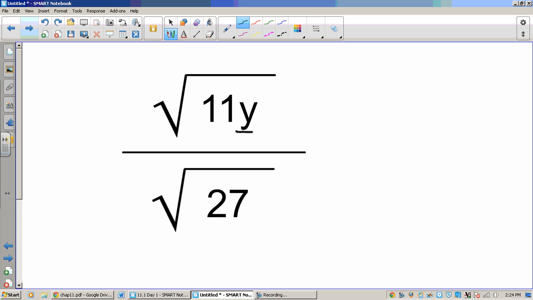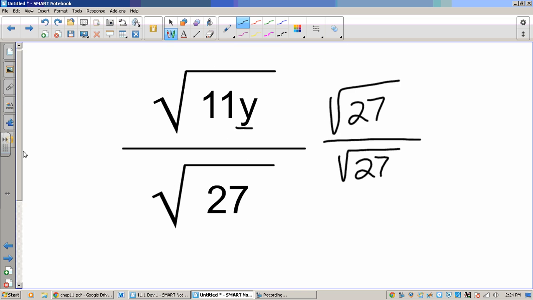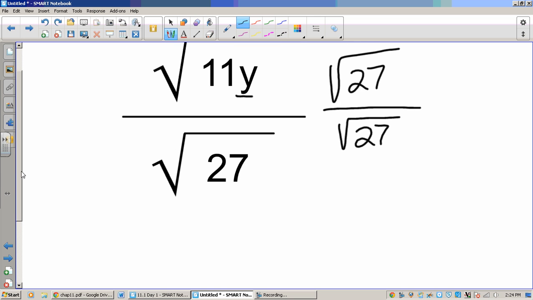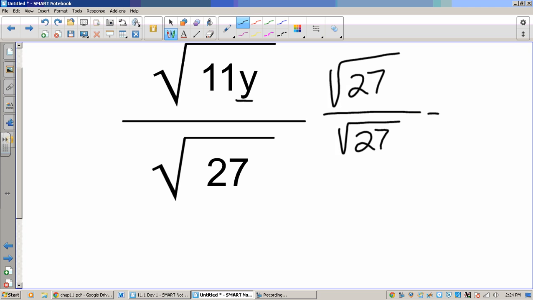Okay, so we know that we're going to have to multiply by radical 27. I'm going to do 27 times 11, and we know that radical 27 times 27 is just 27. So that's the easy part of this.